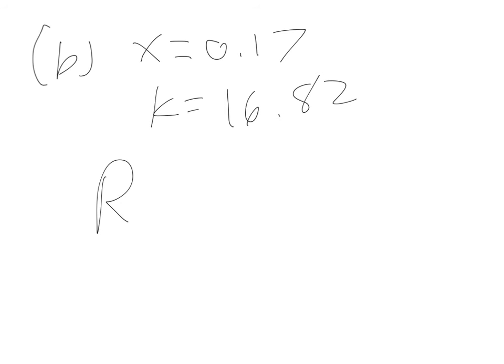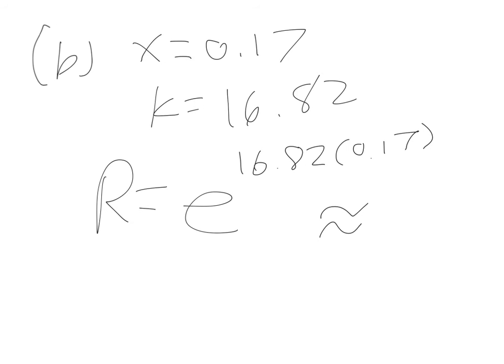So our r is equal to e raised to the power of 16.82 times 0.17. Now since we rounded our constant, this would just be an approximation, so our risk factor is approximately 17.5. Or the relative risk factor is about 17.5 compared to somebody who hasn't been drinking.